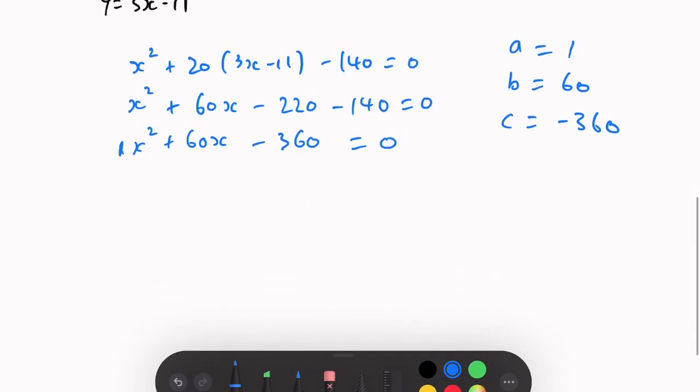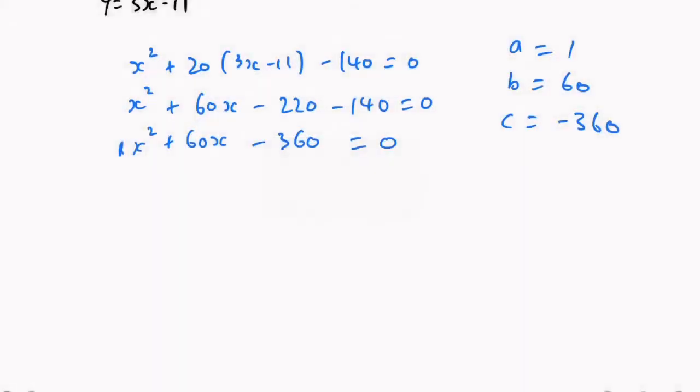And then you should get, if I do it right now, x equals 5.496 or x equals minus 65.490. 3 decimal places.